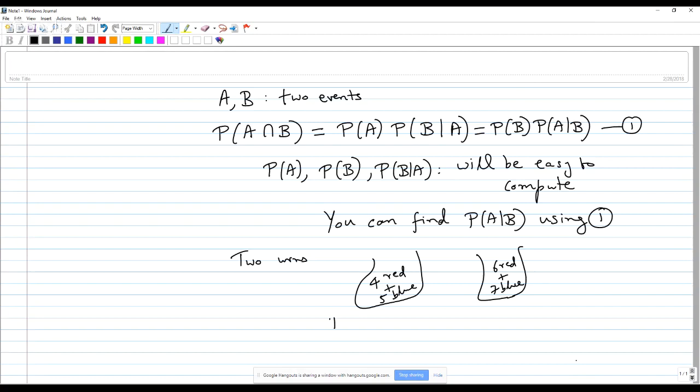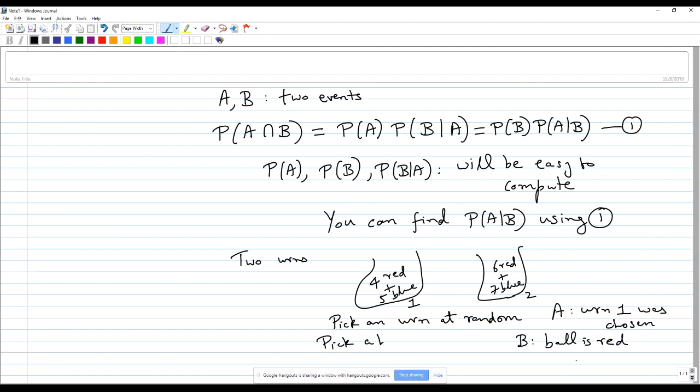You pick an urn at random, and A is an event which says urn 1 was chosen, as opposed to urn 2. And then event B could be that the ball is red. You pick an urn at random and pick a ball from the urn at random.